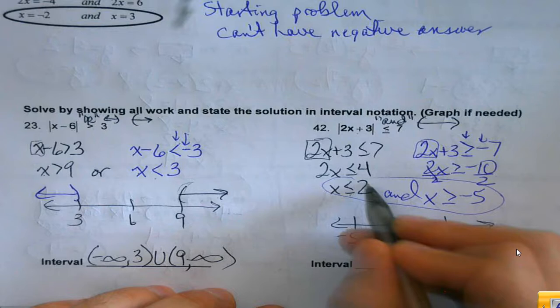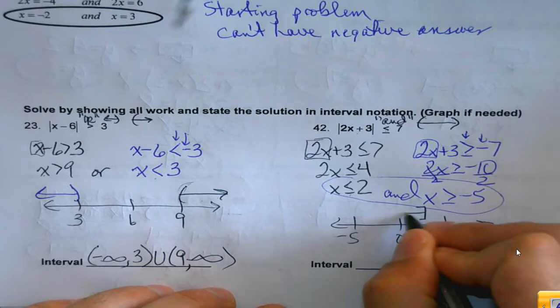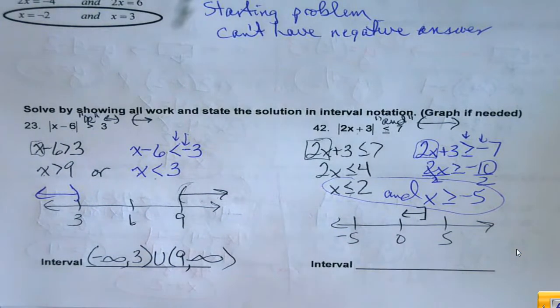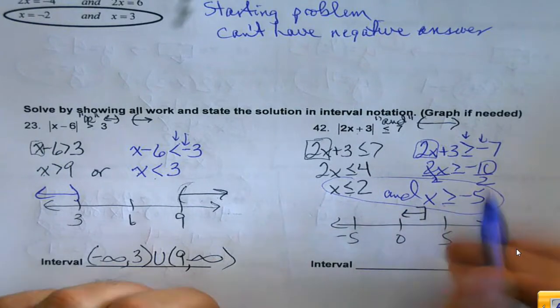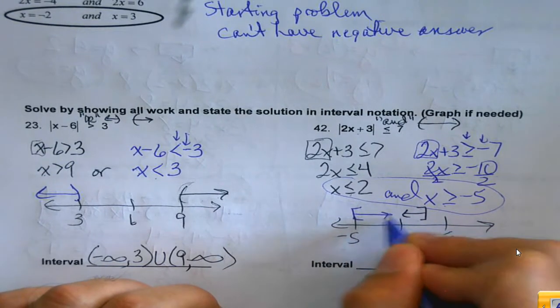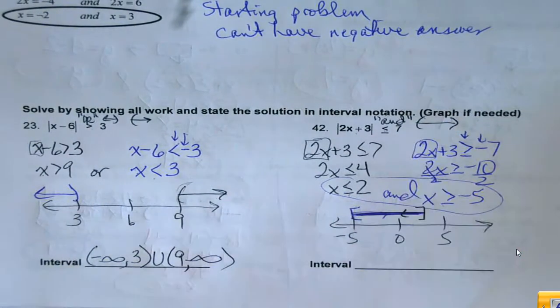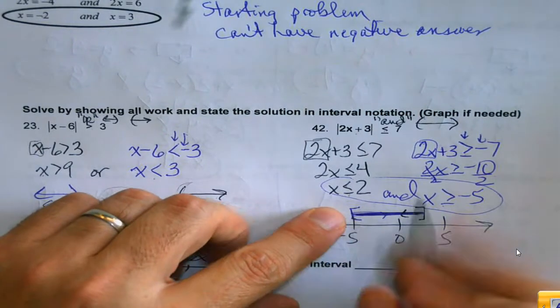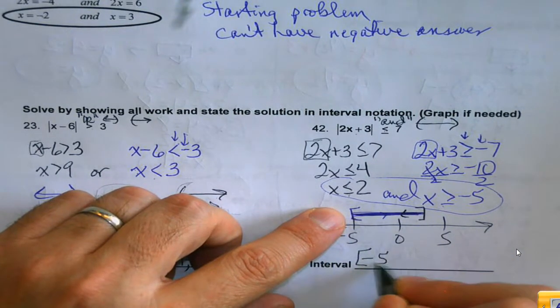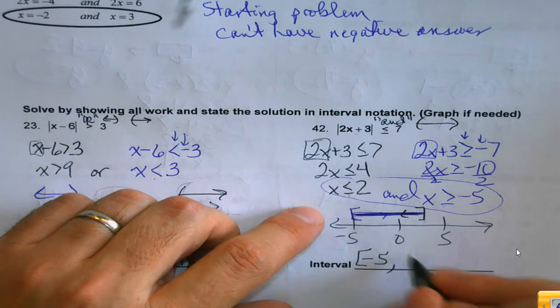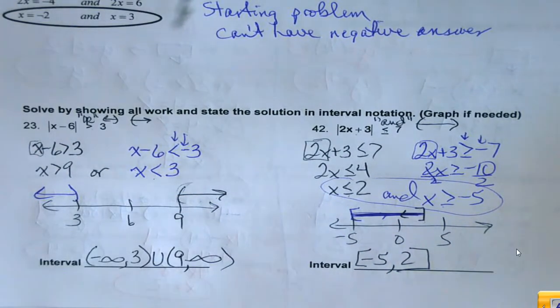X is less than or equal to 2. X is greater than or equal to negative 5. Makes me smile. Matches up. And I do my interval from left, which is starting at negative 5, to the right, which is my 2.